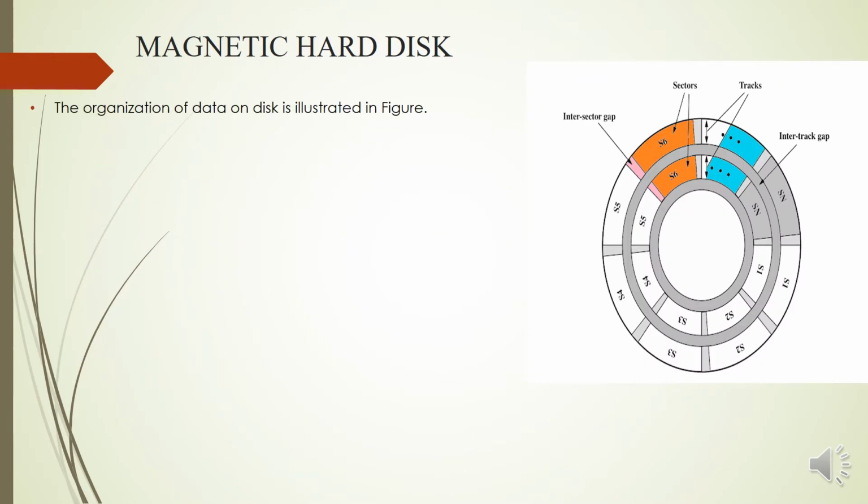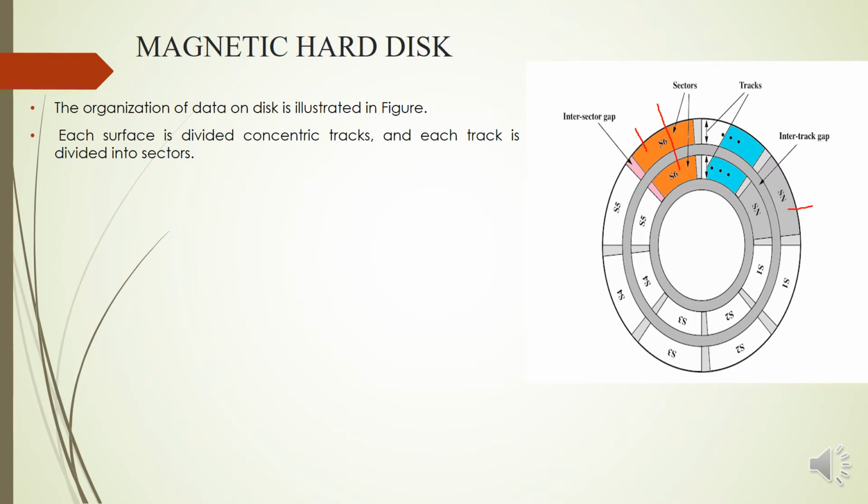The organization of data on a magnetic hard disk is illustrated in the figure. From the figure, it is very clear that each surface is divided into a number of concentric tracks, and each track is divided into a number of sectors. This gives track 1, track 2, and so on, and each track is divided into sectors: sector 1, 2, like this.